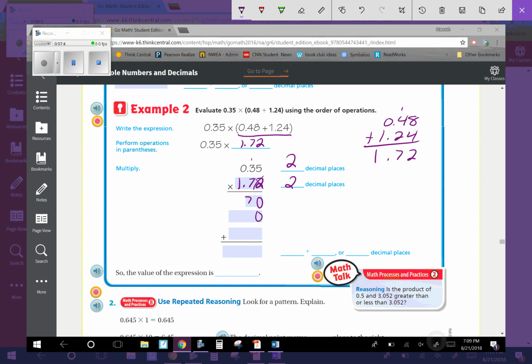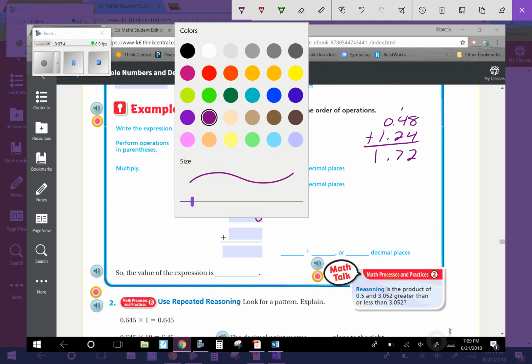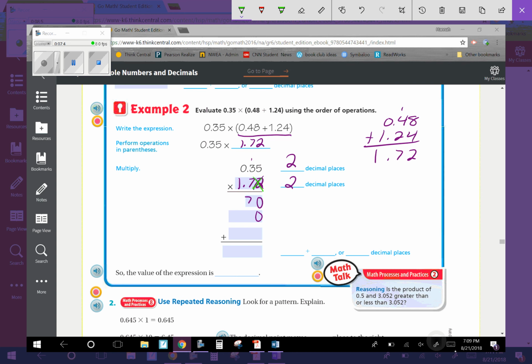I'm going to go ahead and switch colors to make this easier a little bit. 7 times 5 is 35. 21, 22, 23, 24. And then we're going to switch colors again. Mark this one out. We're going to bring 2 decimal places down to keep our place values. 1 times 5 is 5. 1 times 3 is 3.